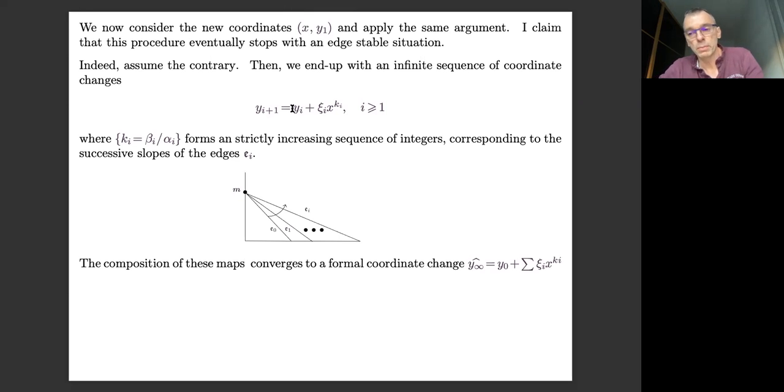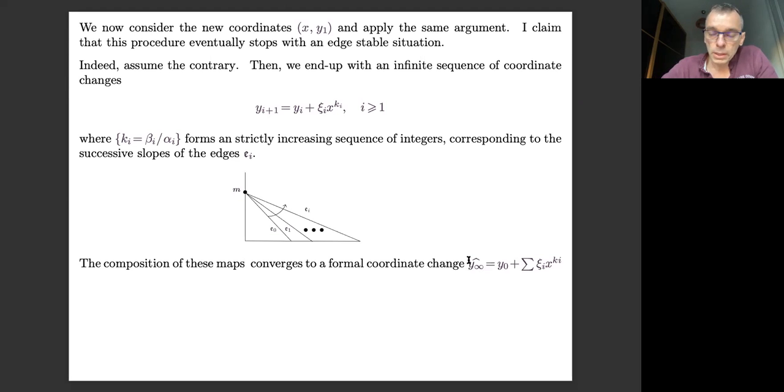When you compose all of them, they converge to a formal change of coordinates of the type y infinity equals y0 plus the formal series of psi i times x to the power ki.